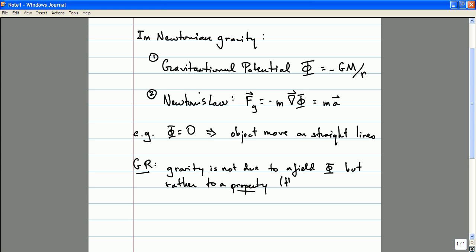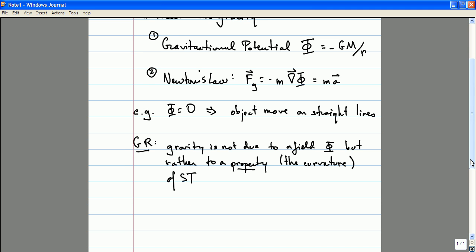And in particular, it's due to the curvature of space-time. And the basic dynamic object that you study in general relativity is a metric, which is the quantity that tells us how it is that space-time curves.